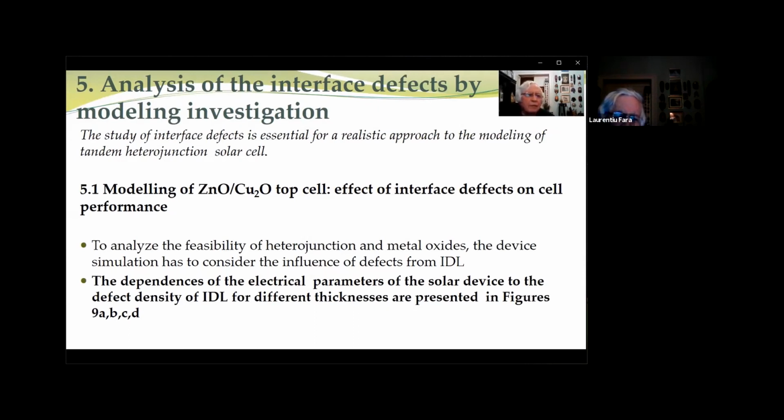the influence of defects from the IDL defect layer.